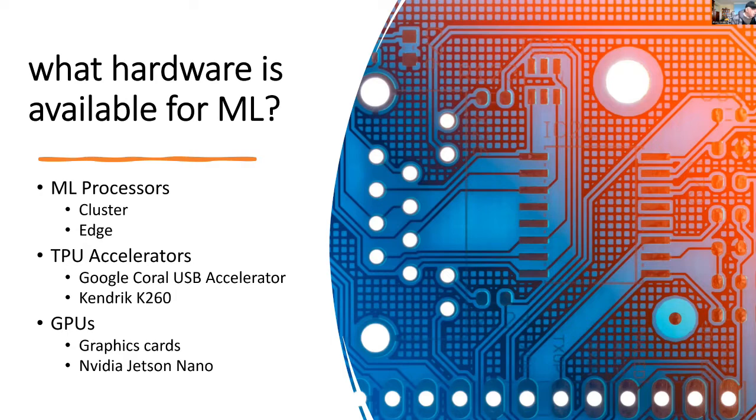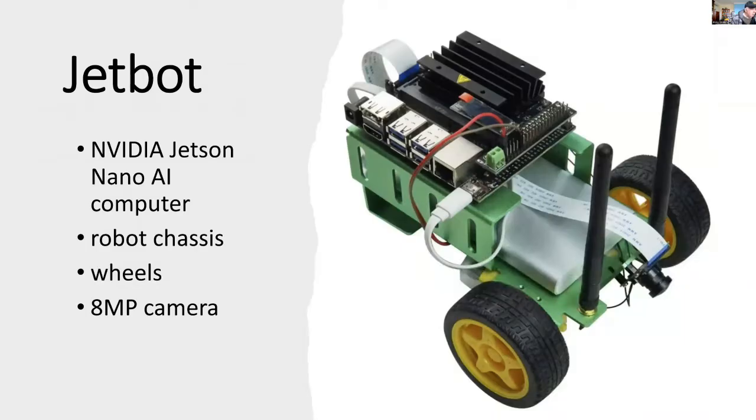You could also use a graphics processing unit like your graphics card, particularly if you've got a very powerful one. And Nvidia, who are the makers of graphics cards, have come up with a product called the Jetson Nano. And I've got one of their computers on a robot, and it's called the JetBot.